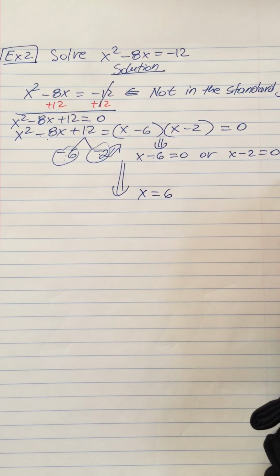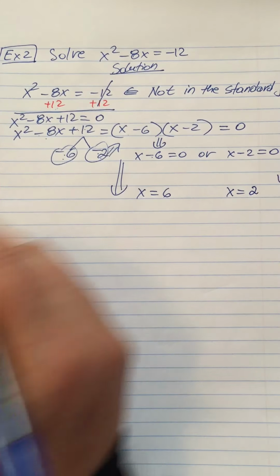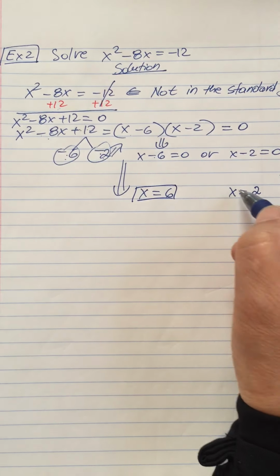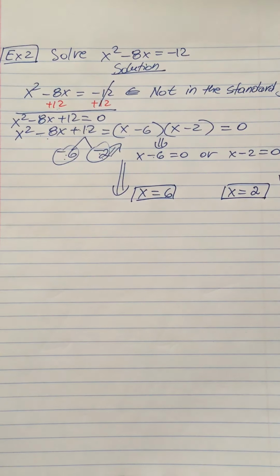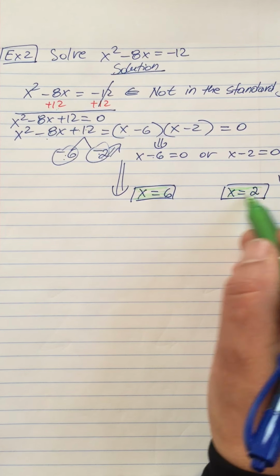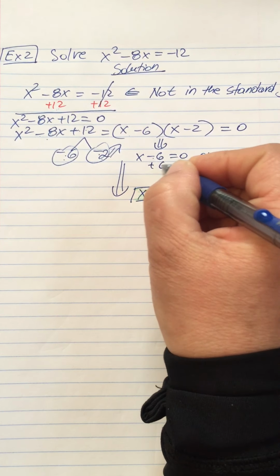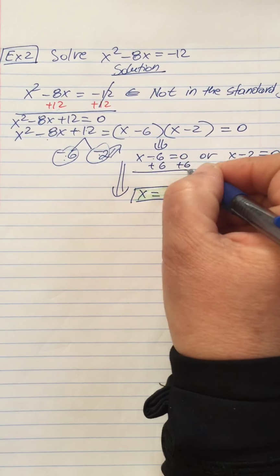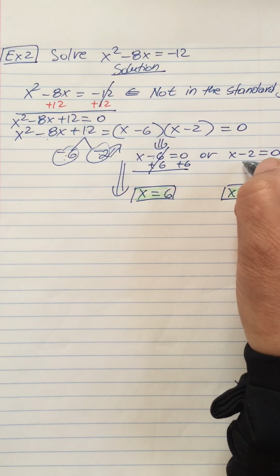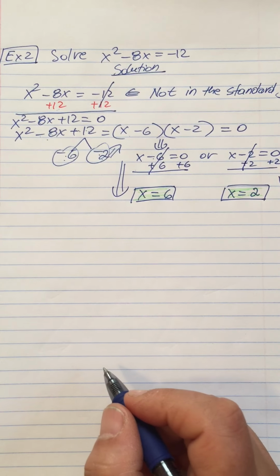And here x is the opposite, 2. Okay? Done. Or you can add 6 to both sides, solve these equations, and you know now that x is 6. And here add 2 to both sides, and you know that x is 2.